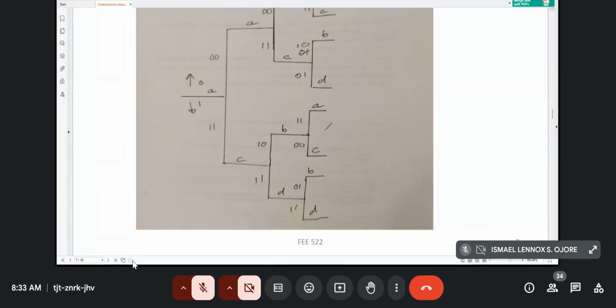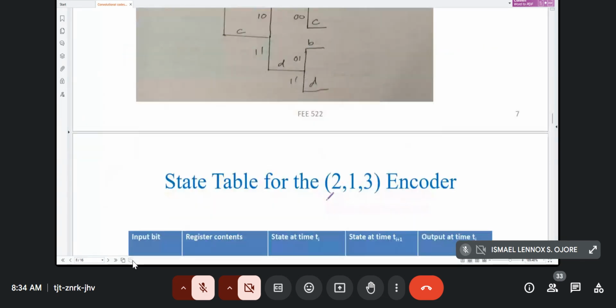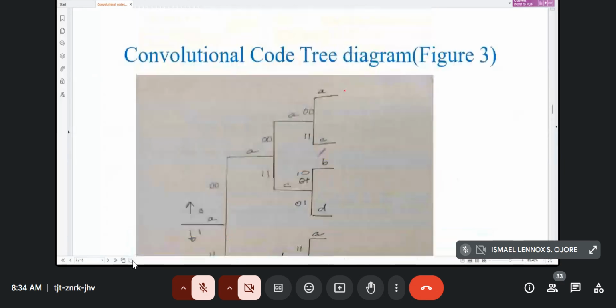The possibilities are you are in state A or state B or state C or state D. And then for each of those states, there are two possibilities: the input is a 0 or a 1. That's why you get these 8 different outputs. This represents all the possibilities.